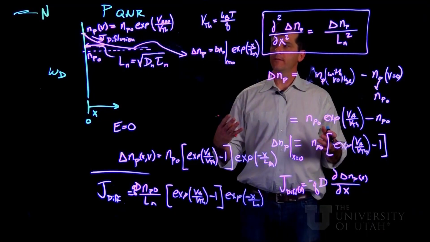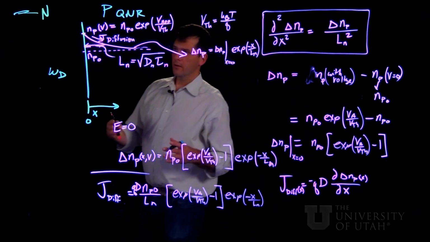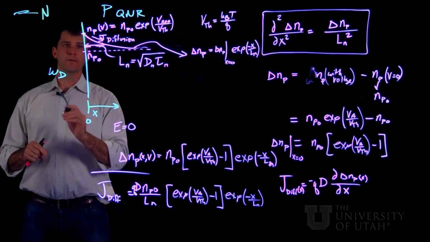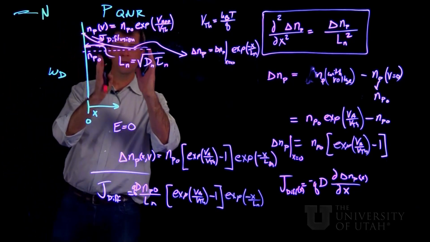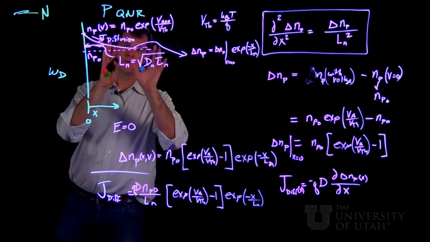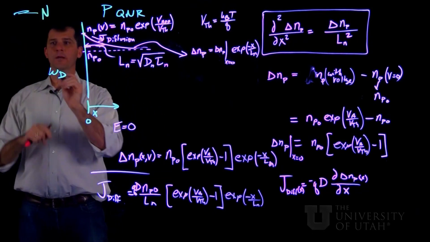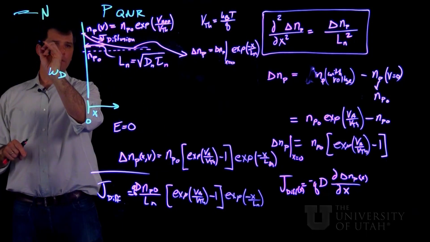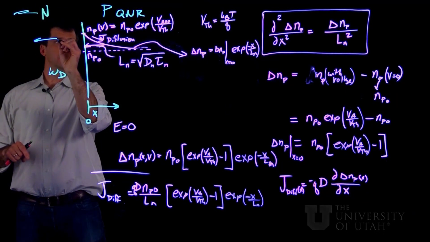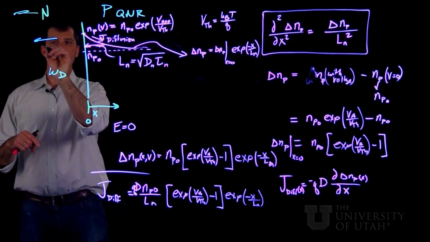So the last thing we need to do is just figure out what the current is that's crossing through the depletion width itself. We've talked about what happens outside, and what happens outside with the recombination and diffusion of the minority carriers controls what happens inside. So at the end of the day, we're going to have a traditional current, which is going in the opposite direction of our electrons.